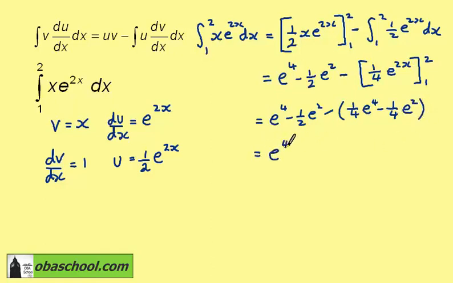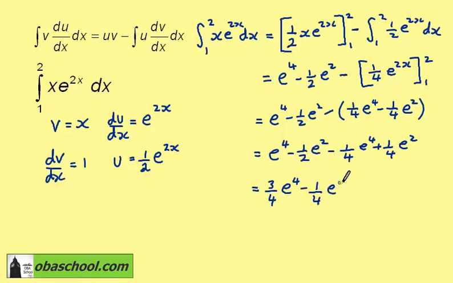So we have e to the 4, take away a half e squared, take away a quarter e to the 4, plus a quarter e squared. This gives us 3/4 of e to the 4. Take away a half, add a quarter, is minus a quarter e squared.